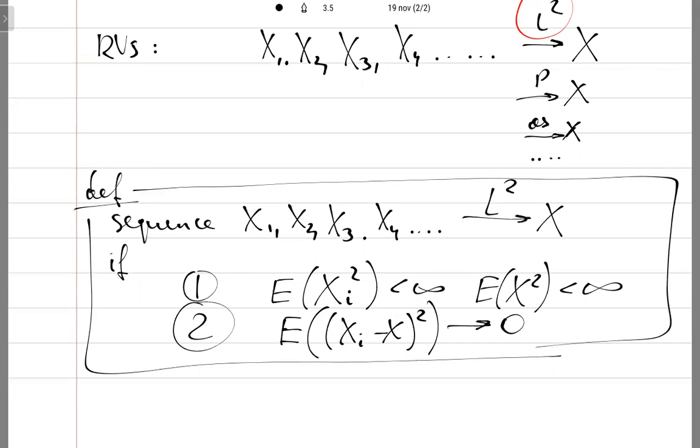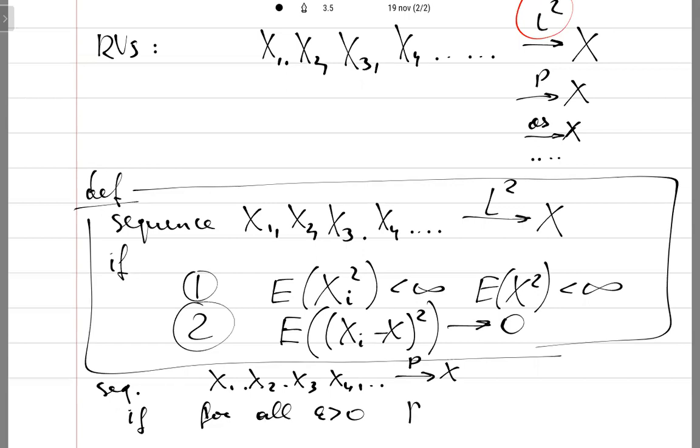You may just recall that this is different from convergence in probability. The sequence X1, X2, X3, X4 converges in probability to X if for all epsilon greater than 0, the probability that X_i differs from X by more than epsilon tends to 0.